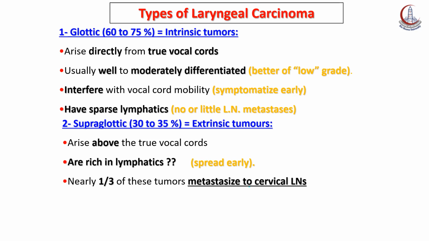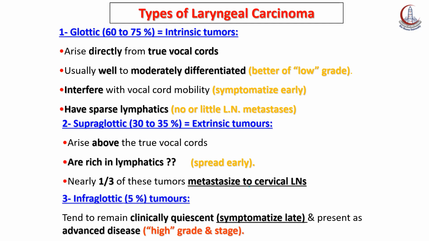Nearly one third of the tumors metastasize to the cervical lymph nodes. The third type is the infraglottic type. Only about 5% of the cases tend to remain clinically quiescent, become symptomatic very late, and present as advanced disease. It is usually high grade and high stage.